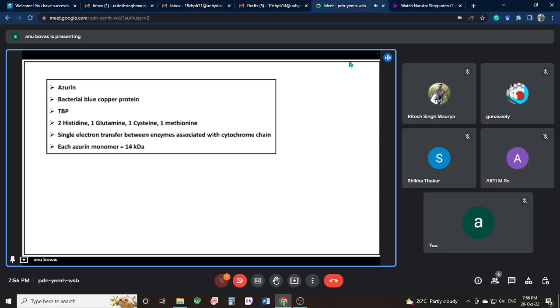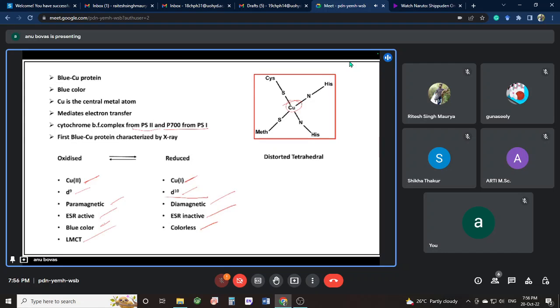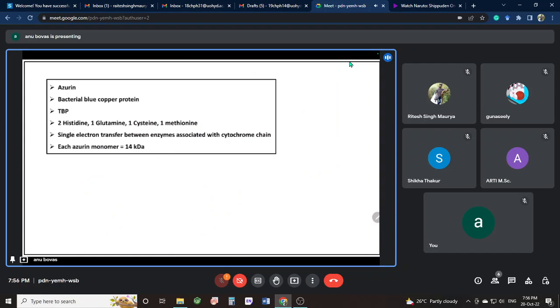Now we will learn a little bit about azurin. Azurin is also a bacterial blue copper protein. The structure is trigonal bipyramidal. So in plastocyanin the structure is distorted tetrahedral, and in azurin it is trigonal bipyramidal. The central atom is copper. It is attached to two histidines, and histidine always attaches through the nitrogen atom.